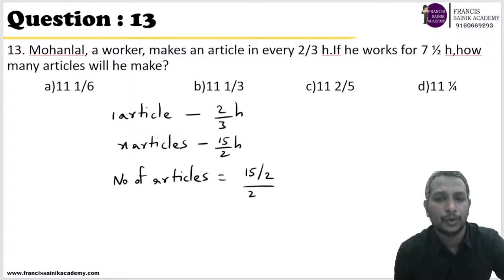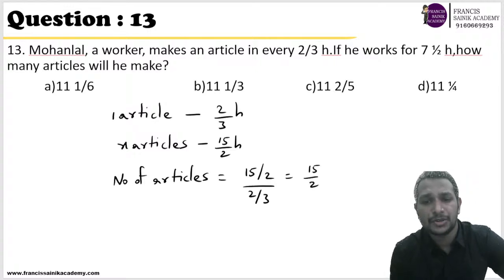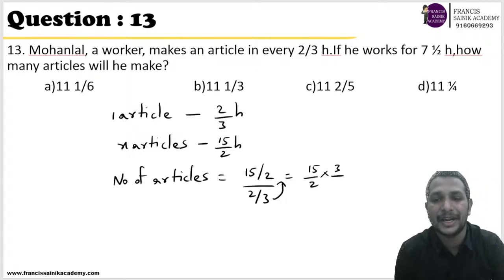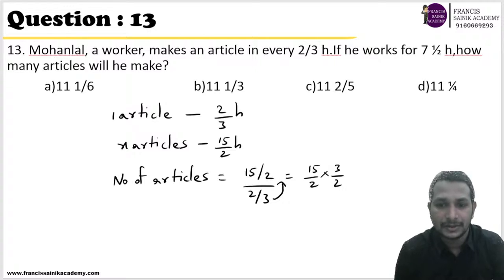Let's make sure of one thing: whenever we divide by a fraction, the fraction gets reversed. Instead of 2/3, it becomes 3/2. So 15 into 3, numerators get multiplied, and denominators too, which is 45/4.